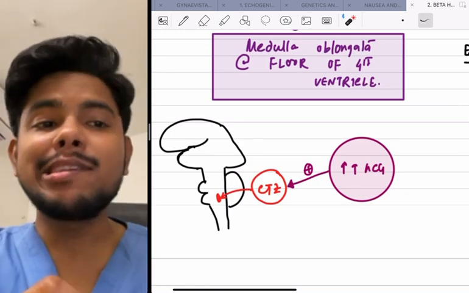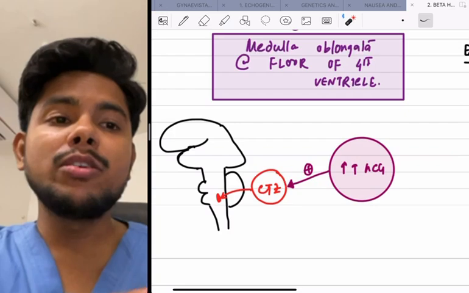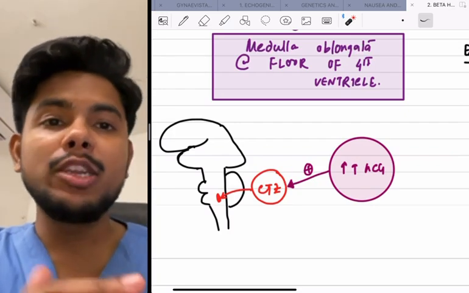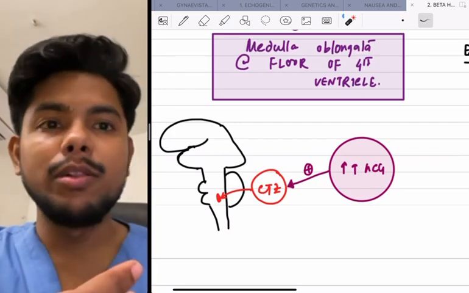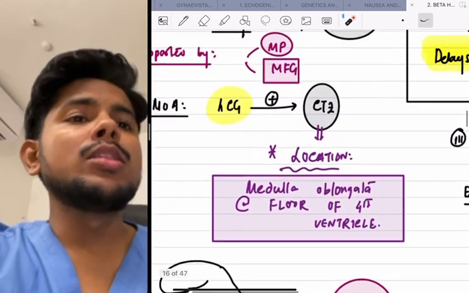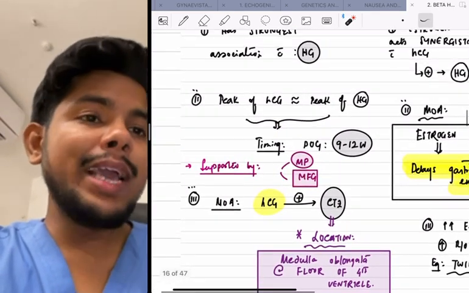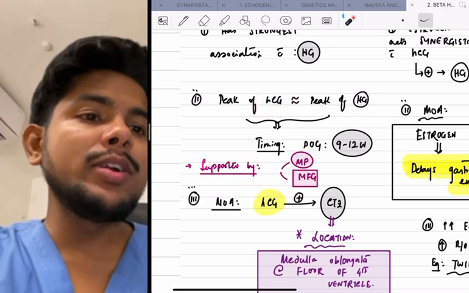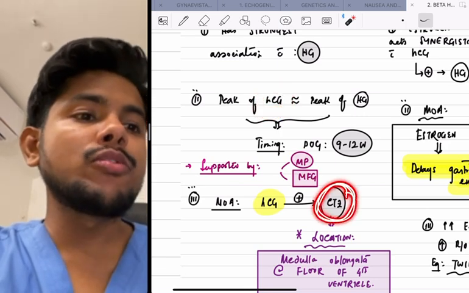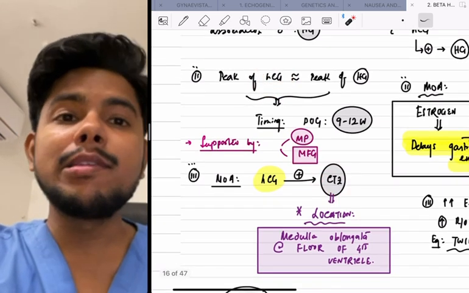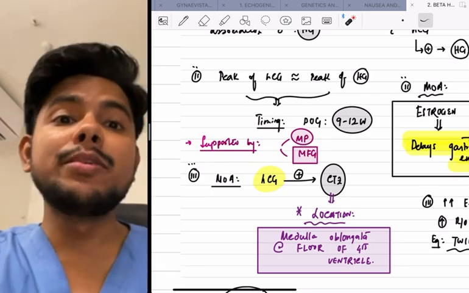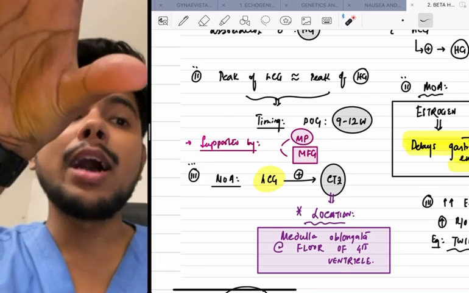So this center is easily influenced by different hormones and neurochemicals. So that is one reason. hCG directly activates the chemoreceptor trigger zone, causing nausea-vomiting pregnancy or hyperemesis gravidarum if their level is very high.